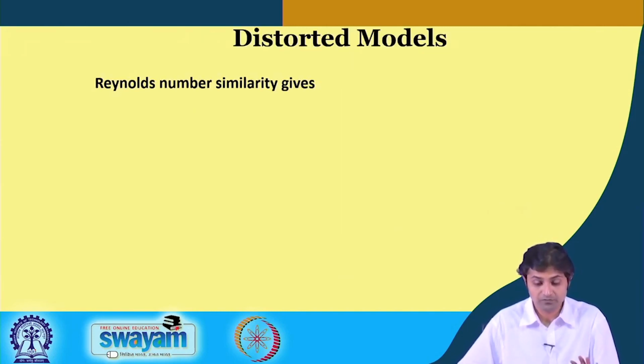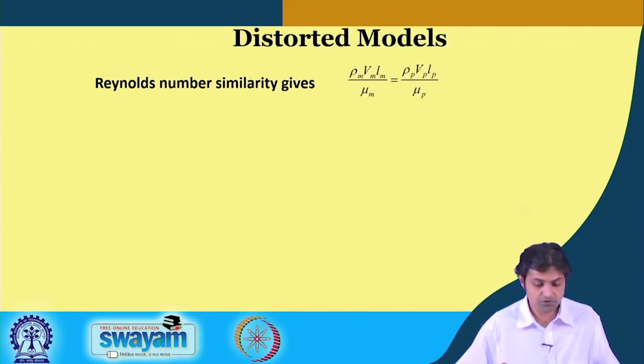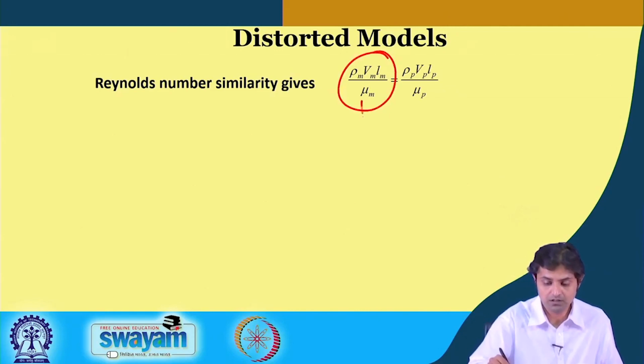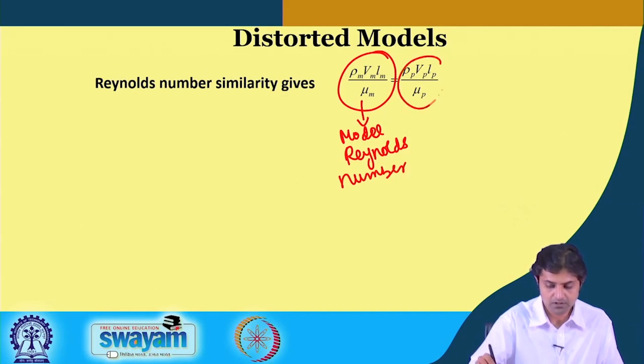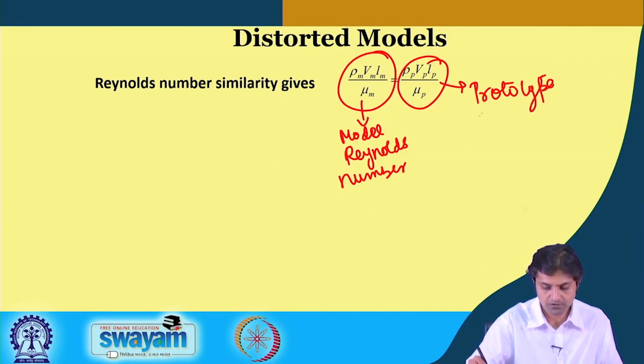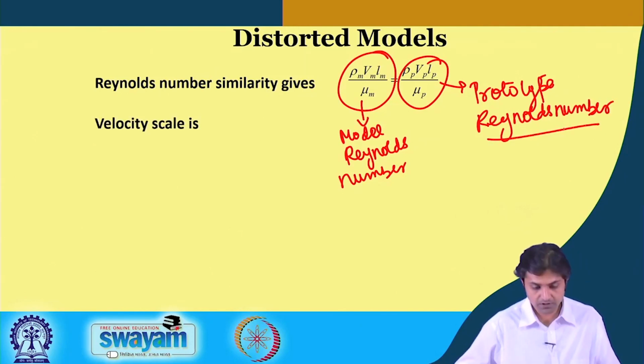Now, because both Froude number and Reynolds number should be the same, if we do the Froude Reynolds number similarity, we will have Reynolds number equated for the model Reynolds number and the prototype Reynolds number.